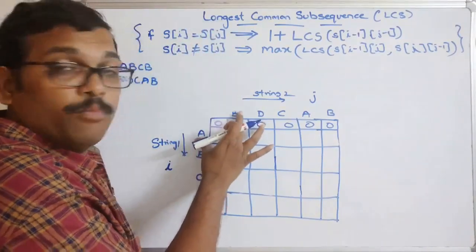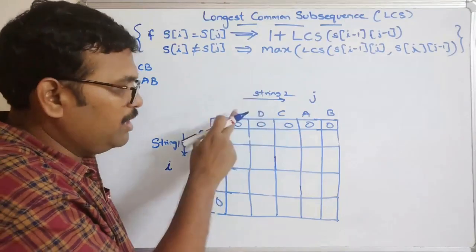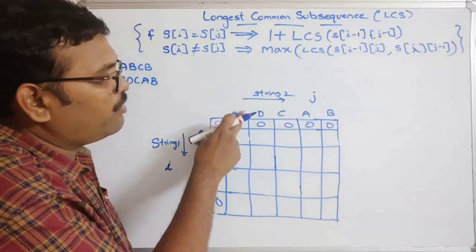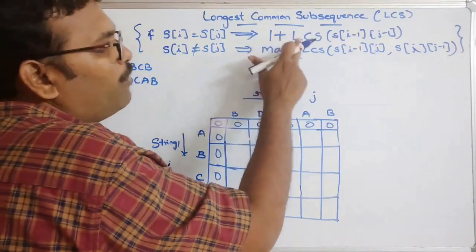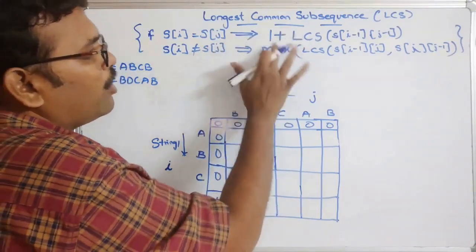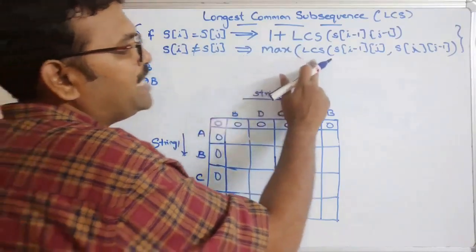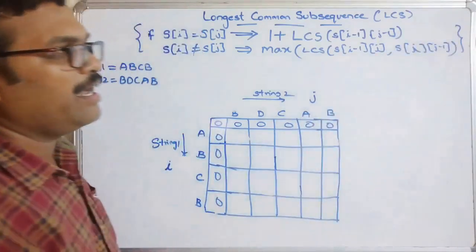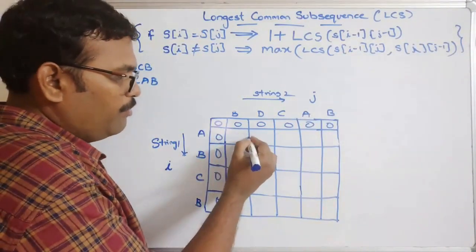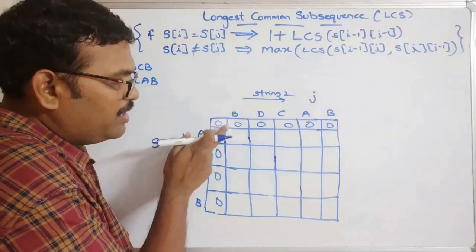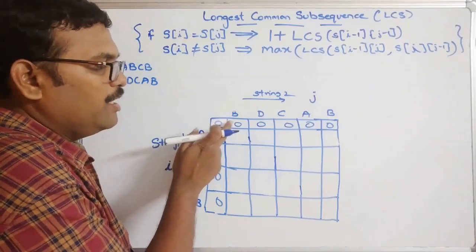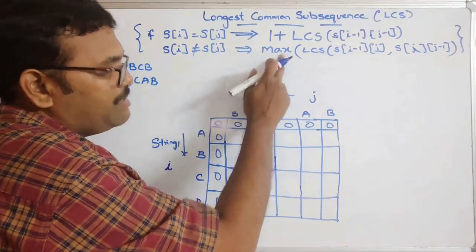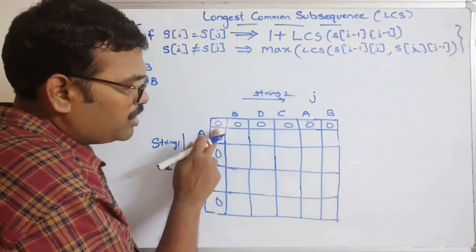So A, B: both are equal or unequal? Obviously these two are unequal. So if these two are unequal, what we have to do? If both are not equal, then we take the maximum of LCS of i minus 1, j and i, j minus 1. So we have to select the maximum of either this portion or this portion.